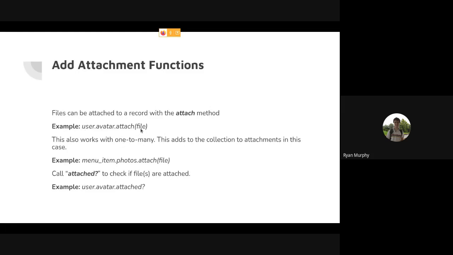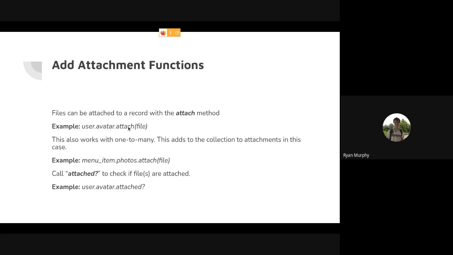This is saying that for any file you upload, you can call user.avatar, which is a representation of that file, and you can call this even if you don't have a file attached yet. I'm pointing this out because it could be misleading to say user.avatar when you don't actually have one yet. Think of it like a box for your attachments. The avatar box can be empty, or you can have one.